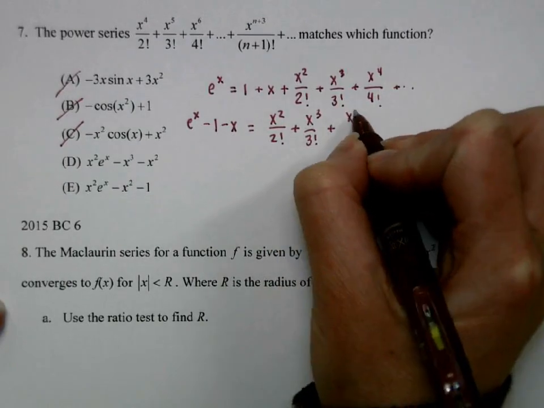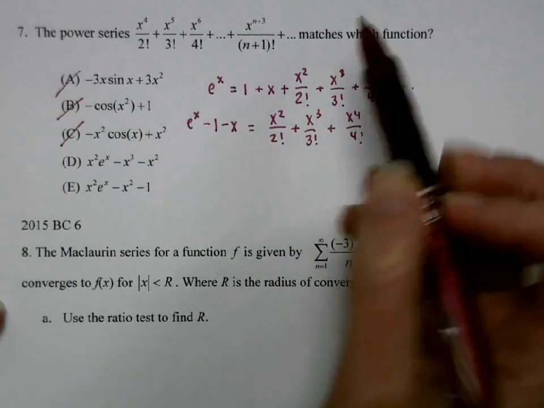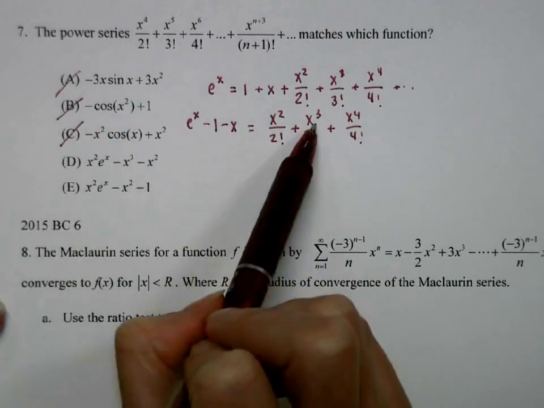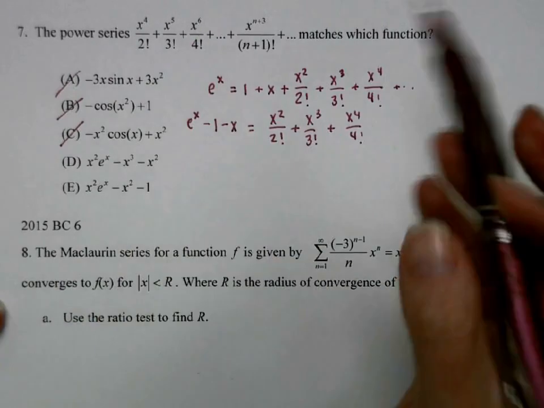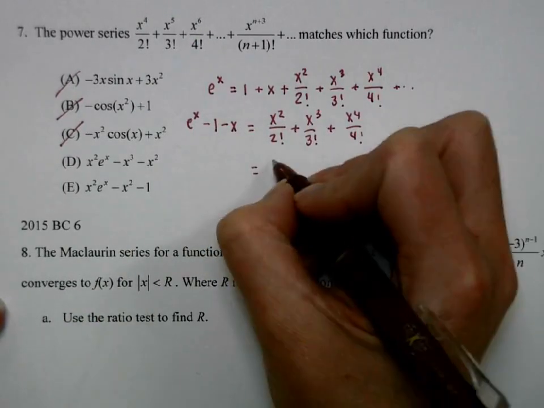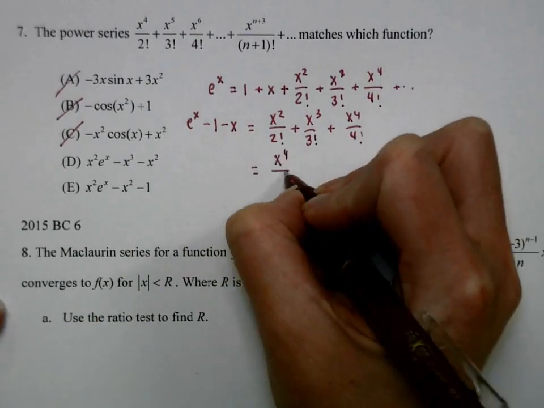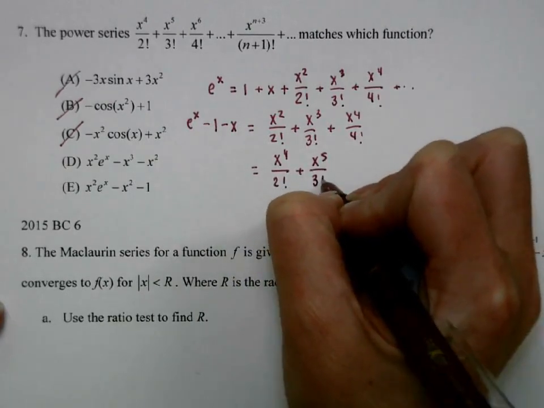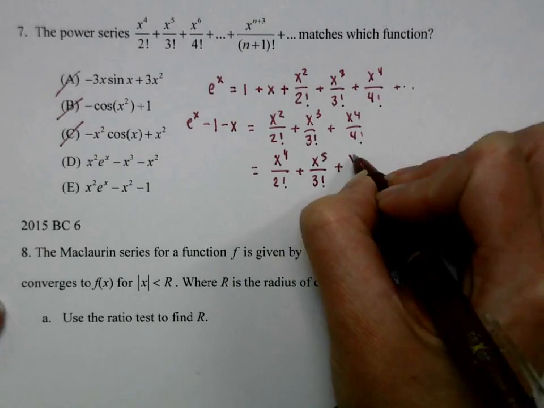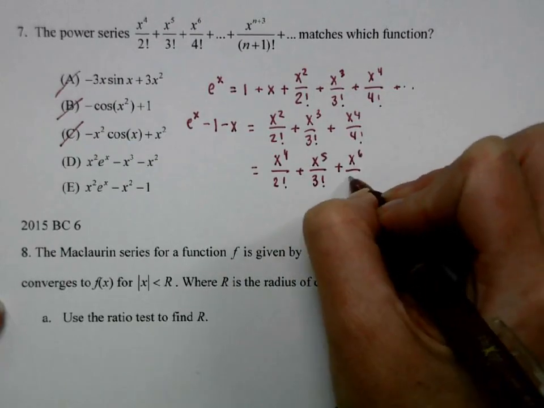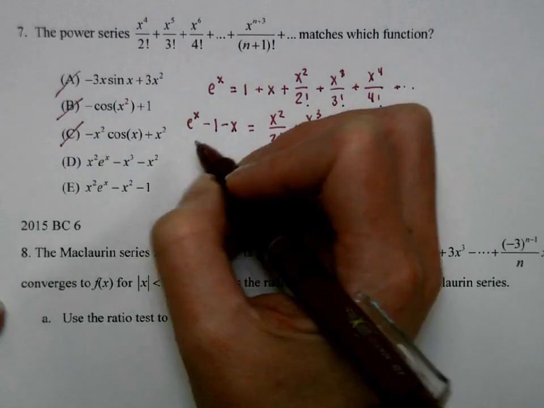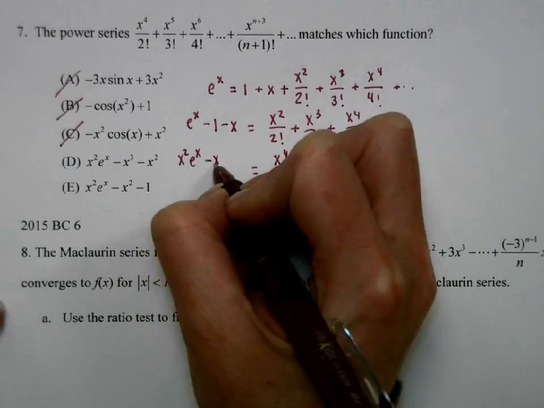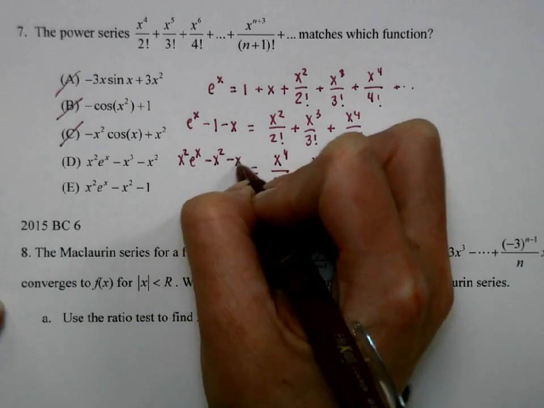To arrive at these, I want that 2 to become a 4, 3 to become 5, 4 to become 6. So I'm going to multiply them by x squared. But just like any equation, if I do something to one side, I need to do it to the other side. So I'll multiply this by x squared, and I'll multiply this by x squared. Okay, it's in a slightly different order, but it is D.